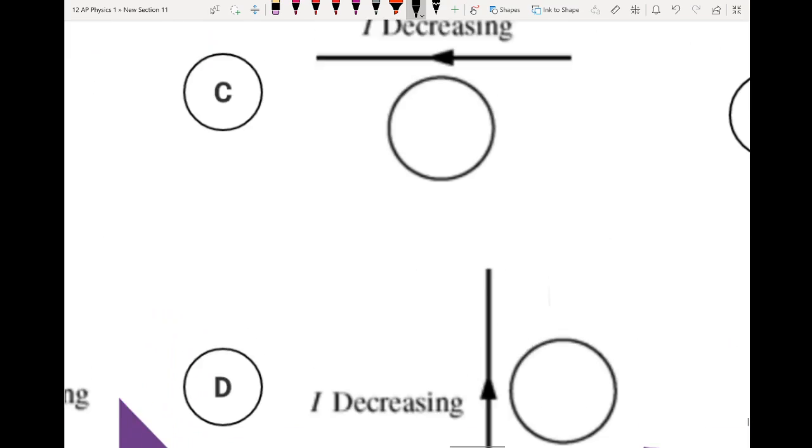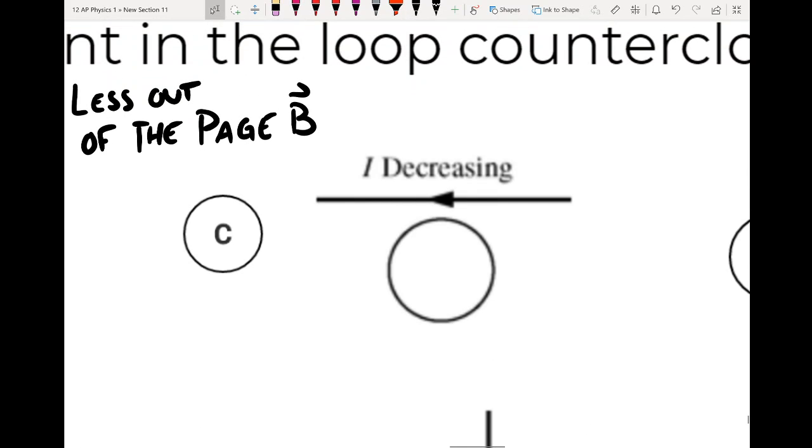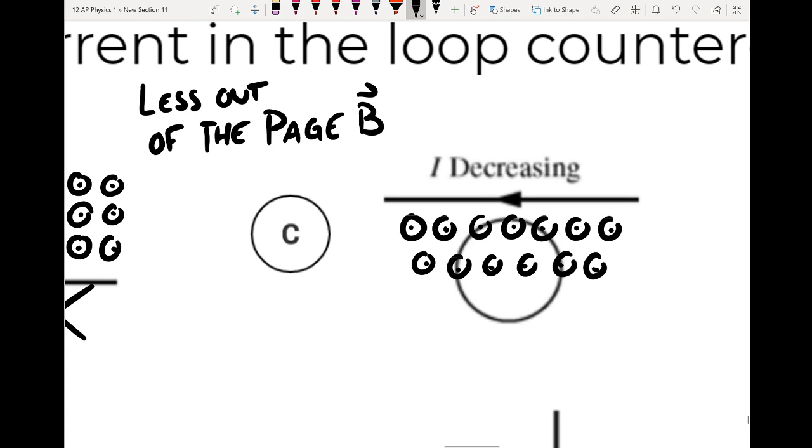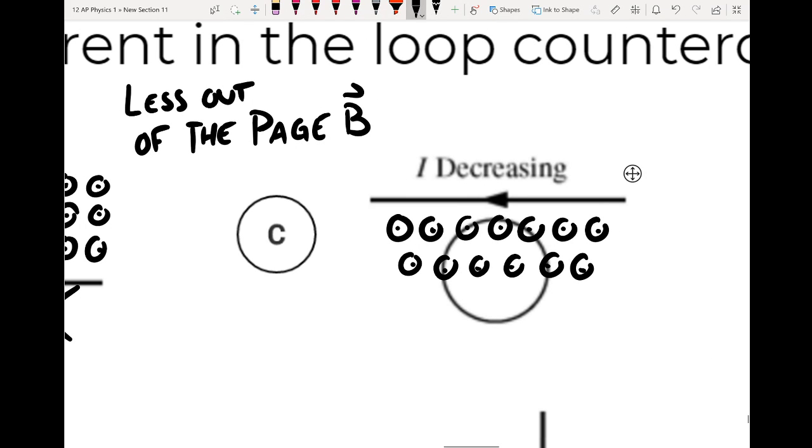If we're looking at letter C, in this case, if we are looking below us using our second right-hand rule, below us, our magnetic field is out of the page, and then our current is decreasing, which means that our magnetic field is decreasing. So if our magnetic field is getting less, then that means that the current is going to be created to oppose that change.